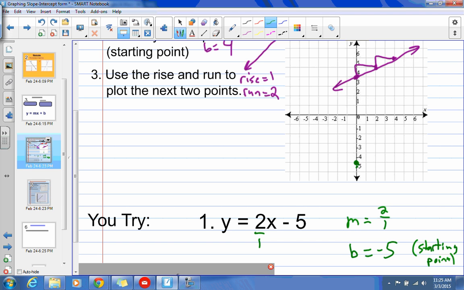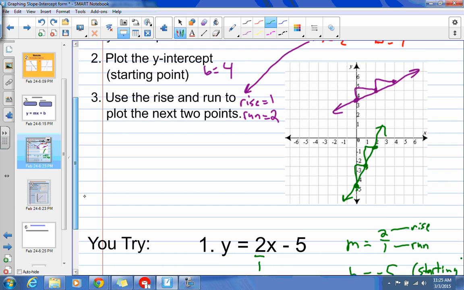Now from there, since the rise is positive 2 and the run is 1, you go up 2 and over 1. There's a point. Now I do that one more time: up 2 and over 1, and you have your third point. Now, like last time, we'll draw the line, and you have the graph of that line. That line right there is y equals 2x minus 5. The purple one was y equals 1/2 x plus 4.